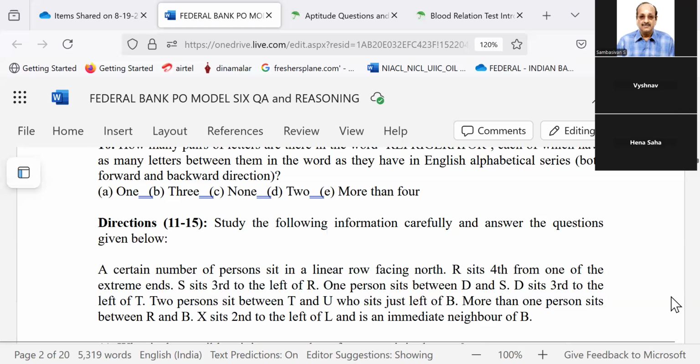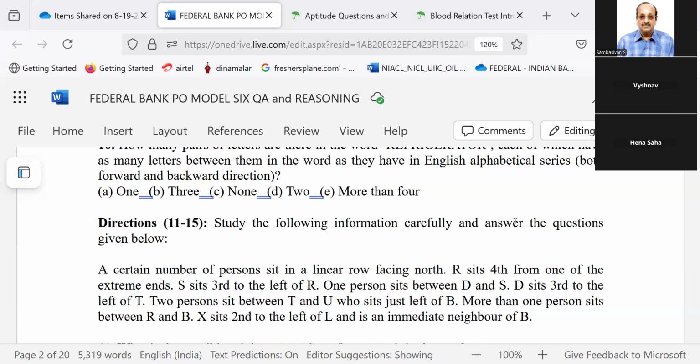So you take from the left side, four places afterwards, you put R. One person sits between D and S. S sits third to the left of R. So that means if you put R in the fourth place from the left, then S will be sitting at the end of the left side.